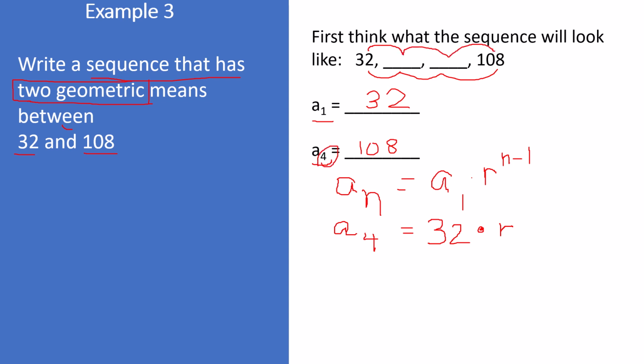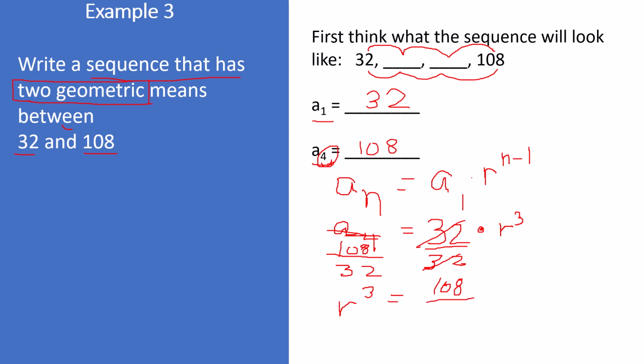We also can get it from here. So 4 minus 1 is 3. Divide both sides by 32. And for A sub 4, let me put 108 here. Divide that by 32. And r to the third power is equal to 108 over 32.